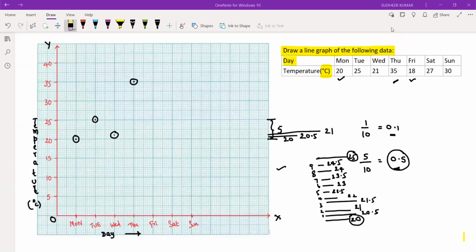So if you observe, this is 15. The next small line 15.5, and the next one is 16. The next one 16.5, 17, 17.5. So this is 18. This is 18 means on Friday it is 18, right? So on Friday this is 18.